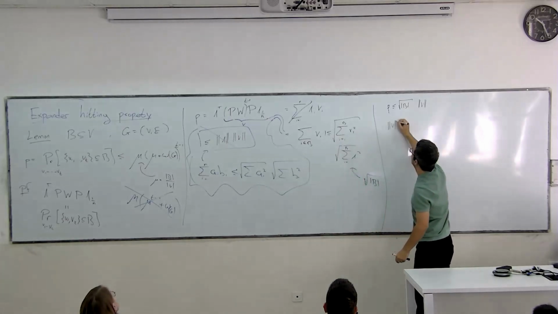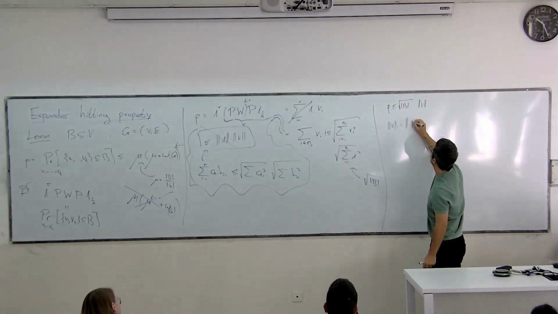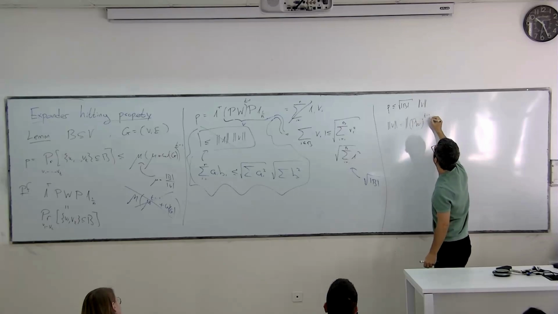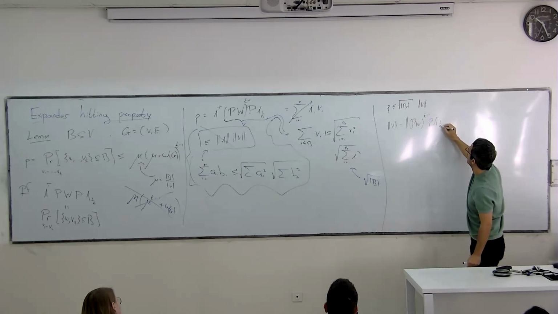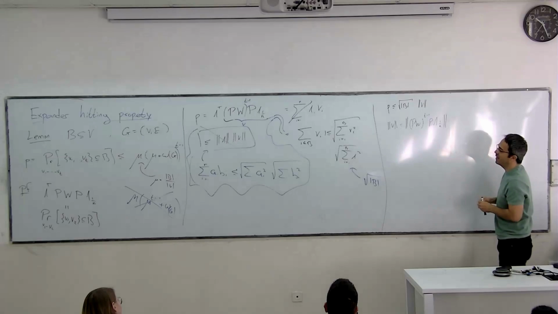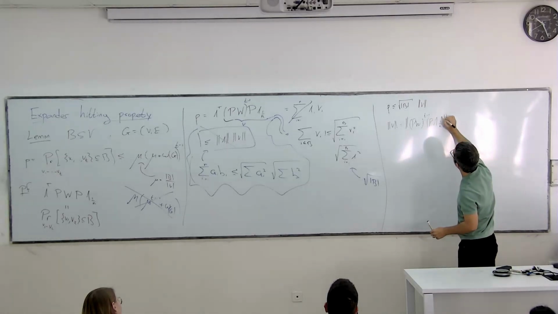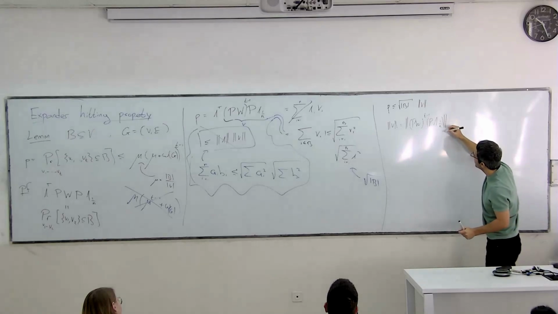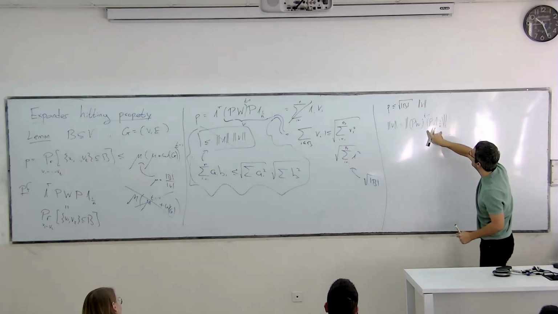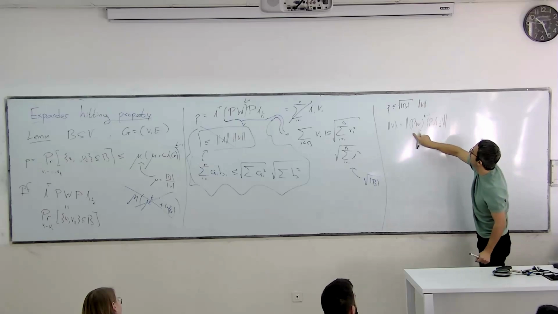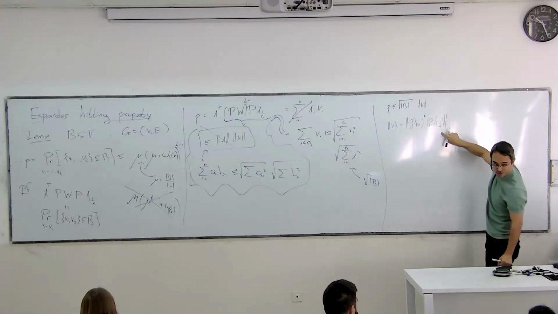Well, it's the norm of this operator. Let me treat this as a vector. That's a choice, a smart choice. I could have taken this vector, I could have taken this vector.